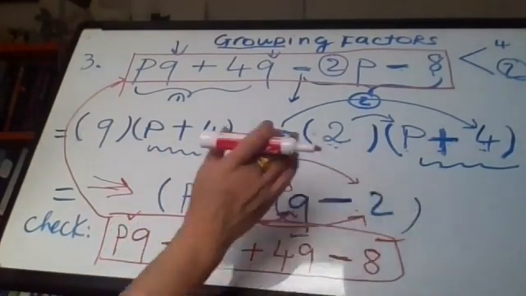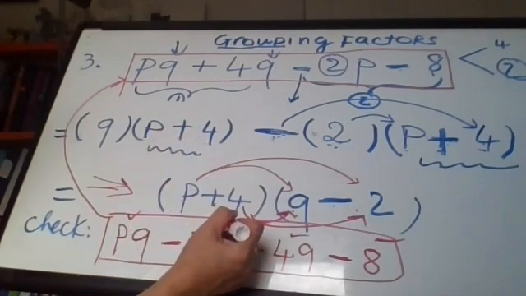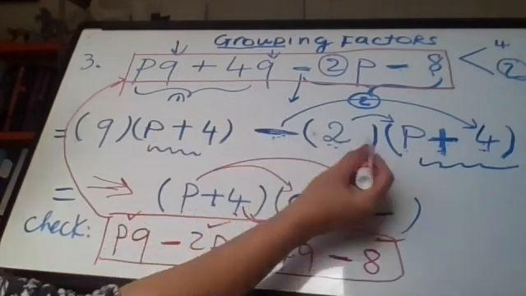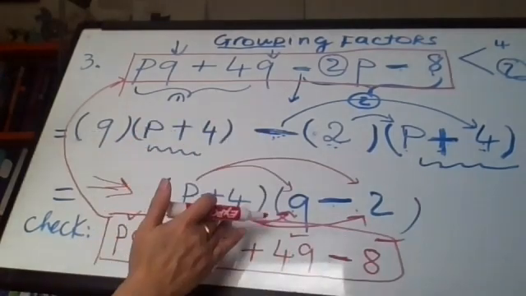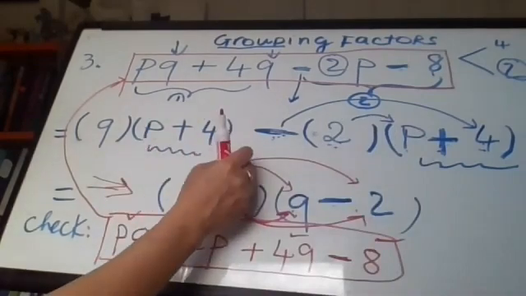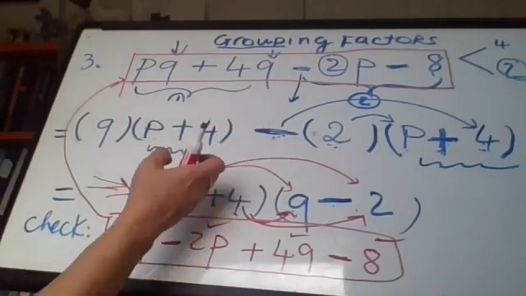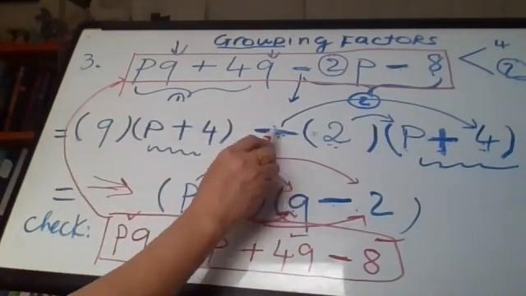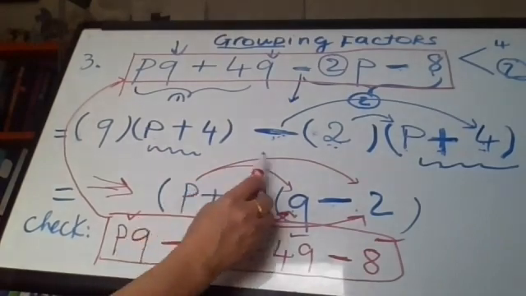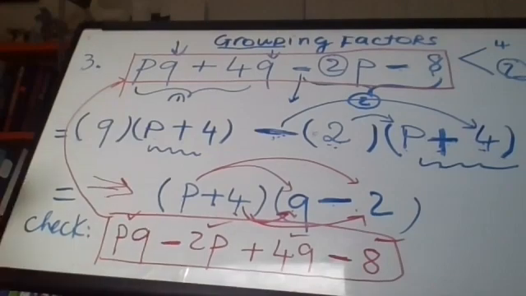We break them into brackets. The first bracket is P plus 4, right? We pull it out from here, we pull it out from here, just one of them. And so you have two of them, right? But when you put them in brackets, it becomes a common factor, you pull it out. And the Q goes in here, the minus 2 goes in here. When you expand, you get back exactly the same. So that's how we finish this lesson. We call it grouping factor.